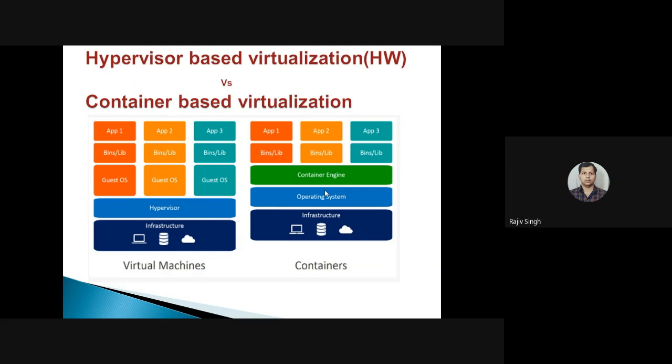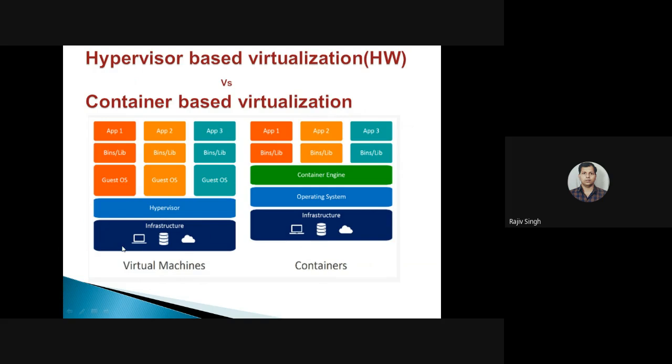Now, what is the difference between the container and the virtual machine? Here on the left side, where my cursor is moving, you can see the example of the virtual machine, and here is the example of the containers. If you go with hardware-based virtualization, then you should have a fresh bare metal hardware.